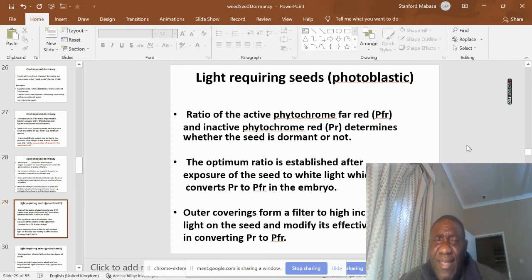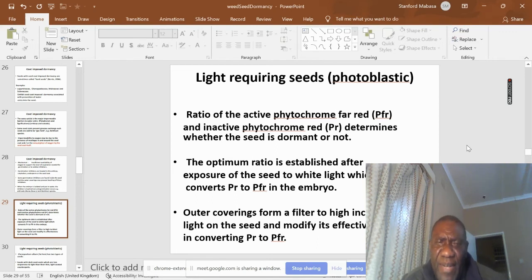So it's the ratio of these two types of pigments inside the seed. This ratio can actually be changed by the light quality which shines on the seeds. So depending on the flash of light which is targeted to the seeds, it can actually determine how that seed is going to behave.